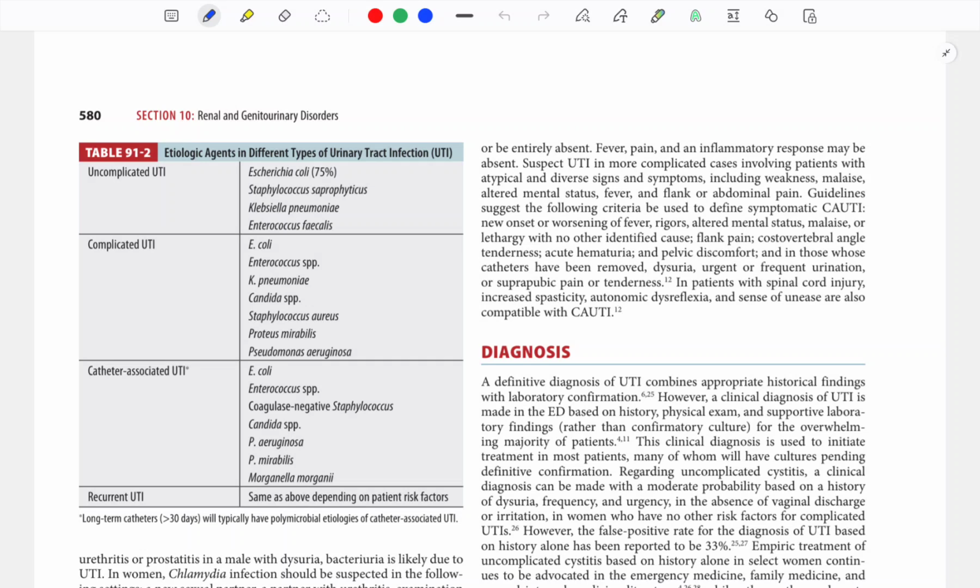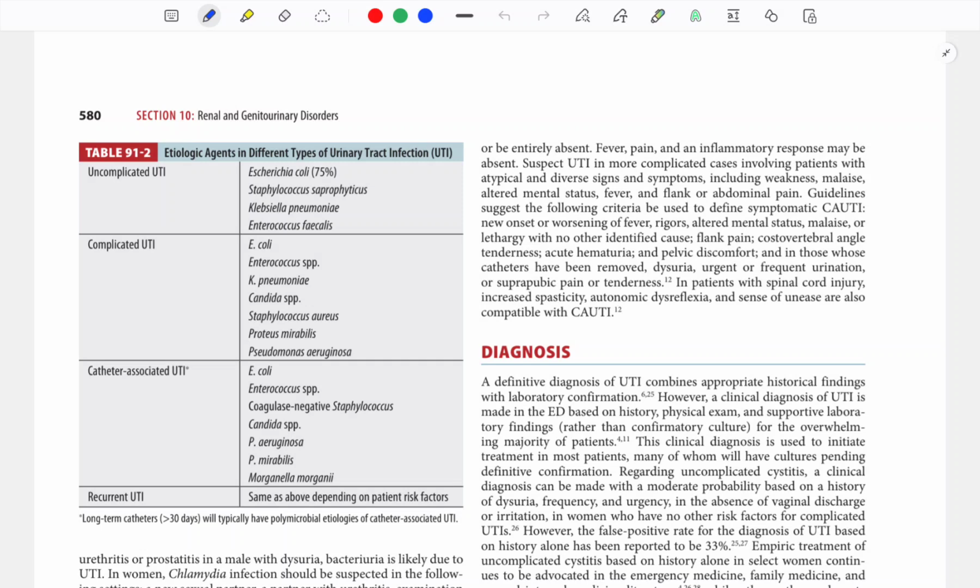Staph saprophyticus is found in the genitourinary tract like your perineum, vagina. The complicated UTI will be due to Enterococcus, Klebsiella, staph, Proteus, Pseudomonas, and fungus like Candida. Then CAUTI, catheter-related UTI, can be Enterococcus, coagulase negative staph, then Candida, Pseudomonas, Proteus, Morganella.